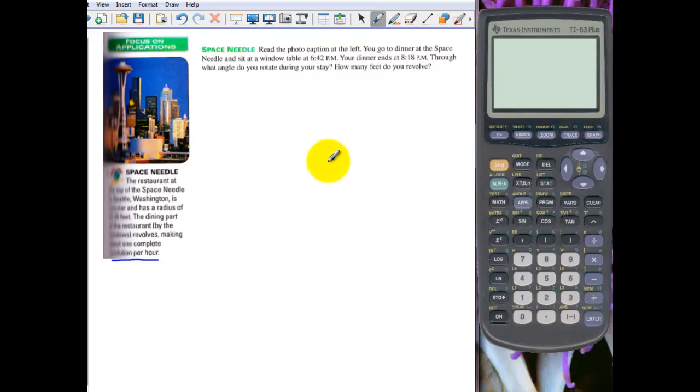But let's solve our problem here. We ate dinner, and we were at our table along the window from 6:42 to 8:18. So let's subtract that.